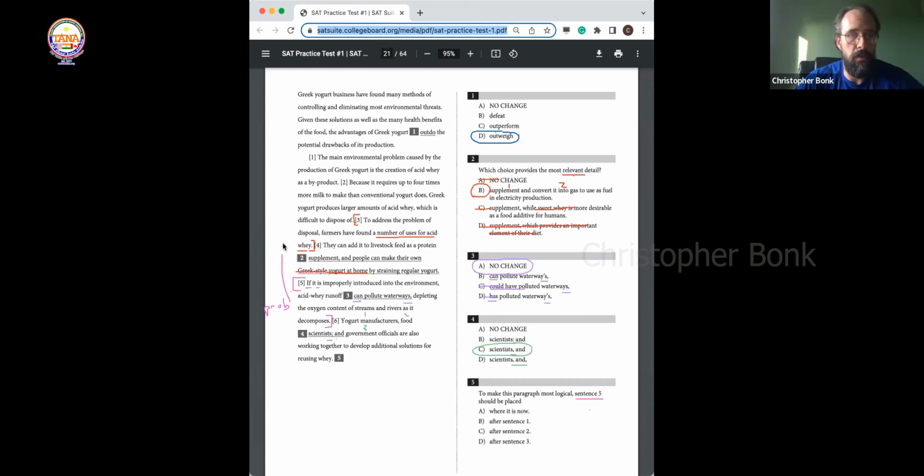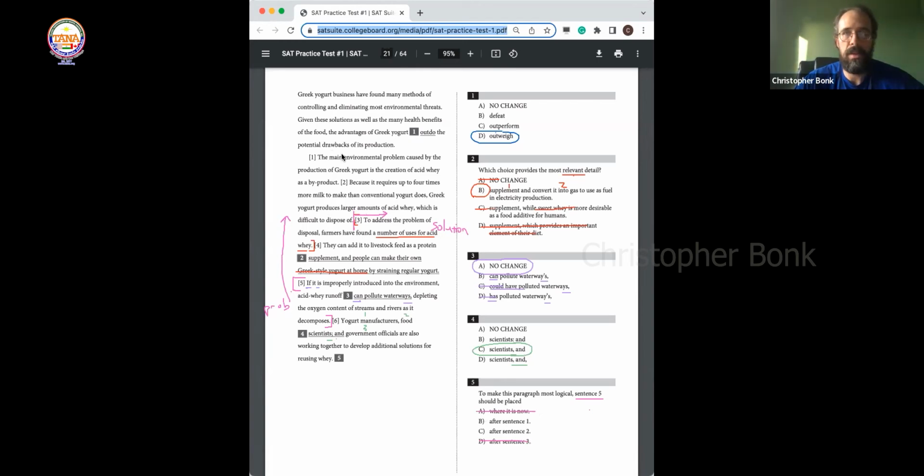We're going to need to move it up because 3 sets off a new topic that gets into addressing the problem. So everything from 3 and later, 3, 4, and 6, are all about the solution. It has to get moved up to where the problem was. That narrows it down to either B or C. After 3 doesn't work, where it is now doesn't work because that's in the middle of solutions.